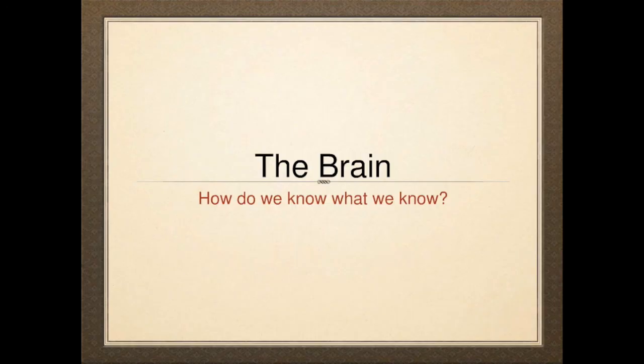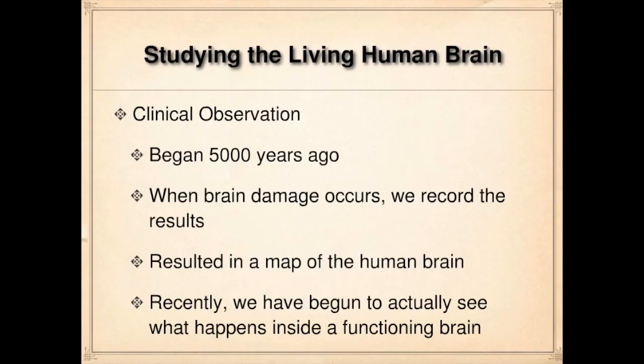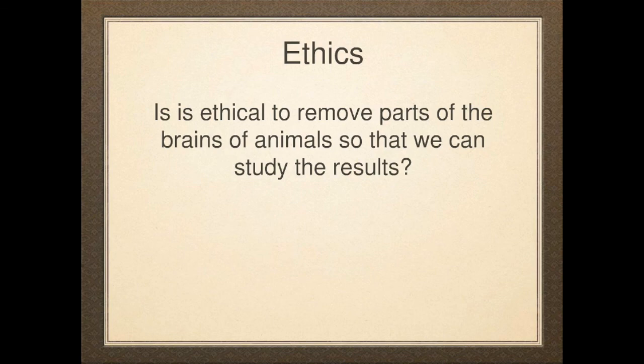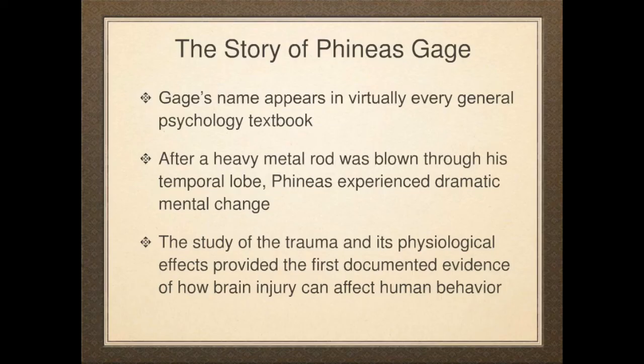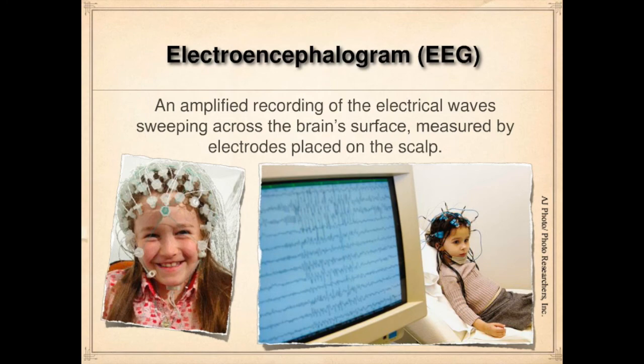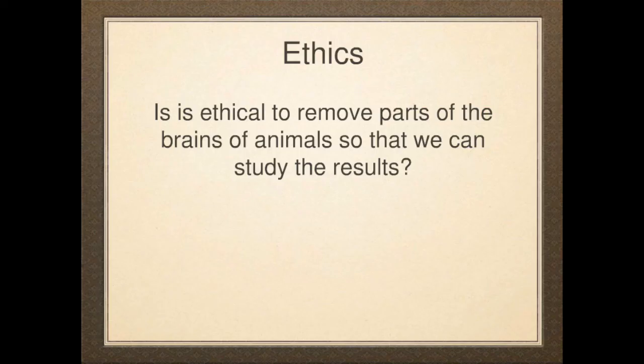A major part of this unit is how do we know what we know about the brain? This is an area that I think people struggled with on the exam. When we talked about Phineas Gage, we talked about clinical observation and doing autopsies on people who had problems and looking at their brain.